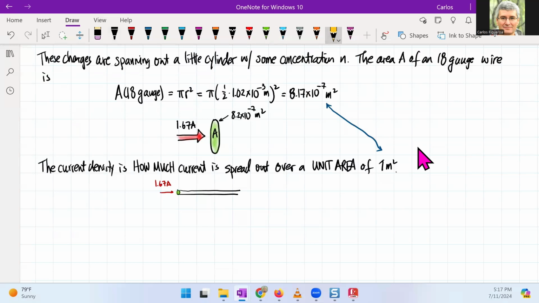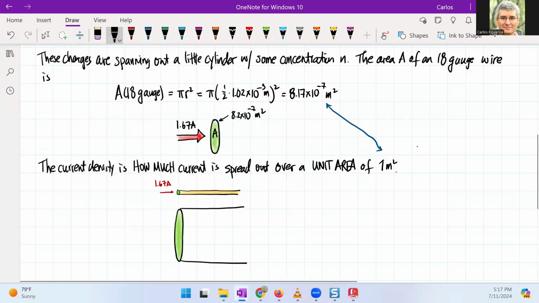We don't care about the length, but that diameter is very, very tiny. Now, if I look at the current density, we're talking about a ginormous area where the current is crossing. So in other words, I'm comparing this area to that little tiny wire area.